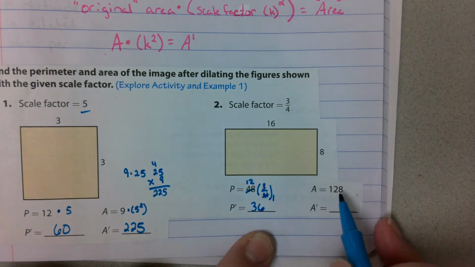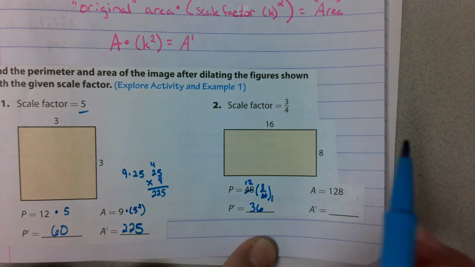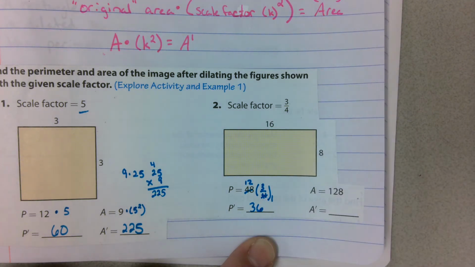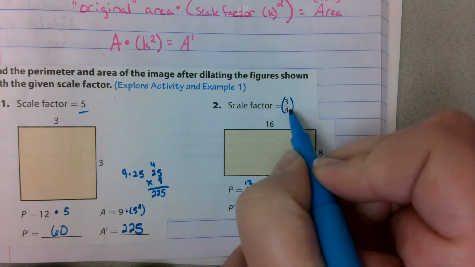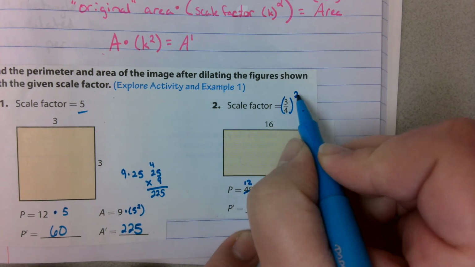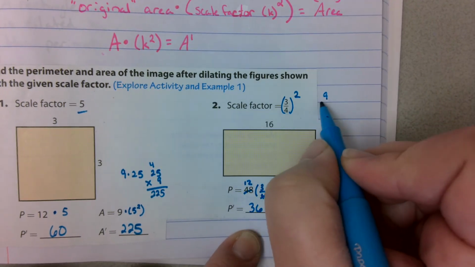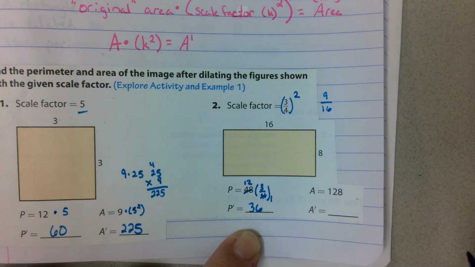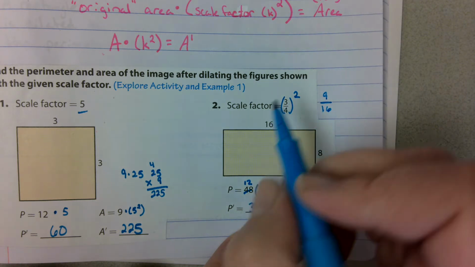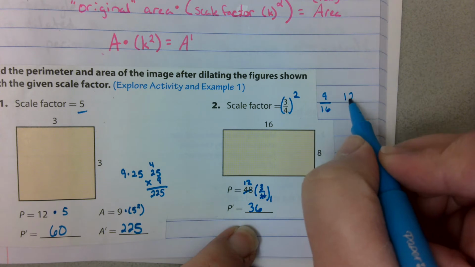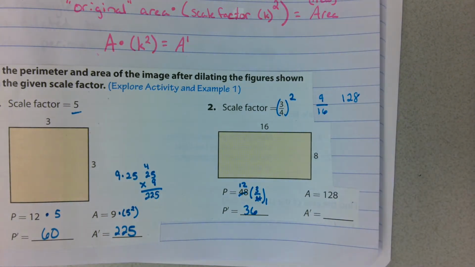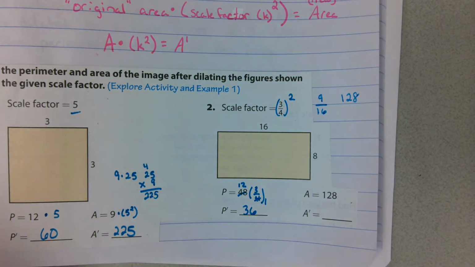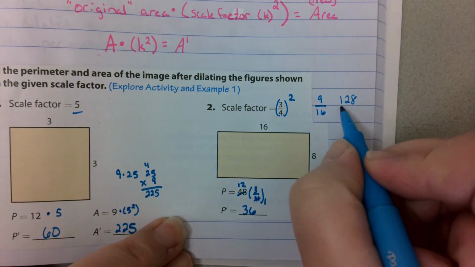And then recall, to find area, we need to square our scale factor. So 3/4 squared, 3 times 3 is 9, 4 times 4 is 16. And then we need to multiply that times 128. All right, so the first thing we're going to do is to multiply this.